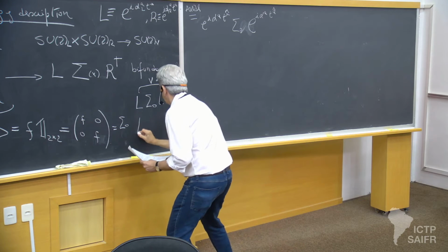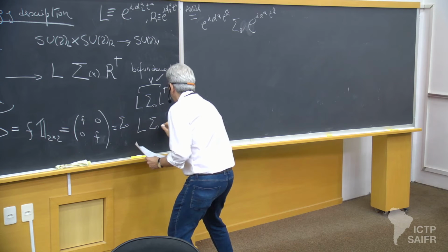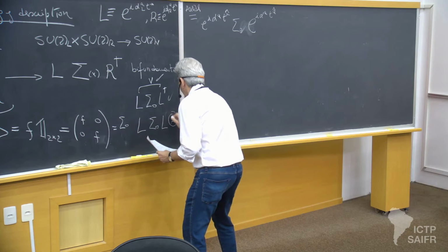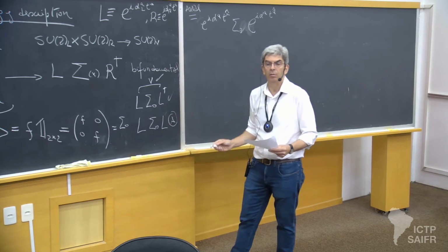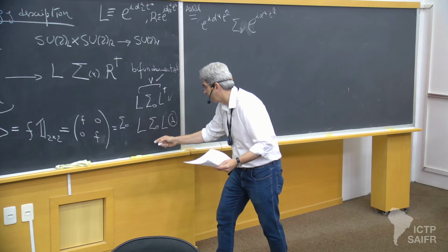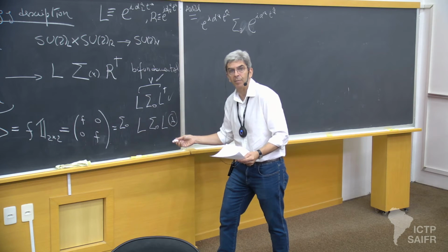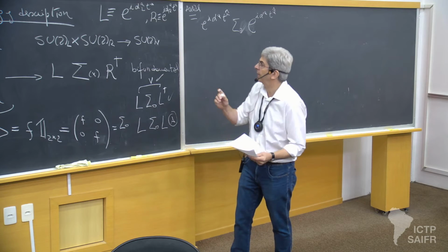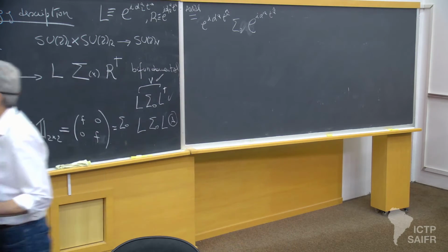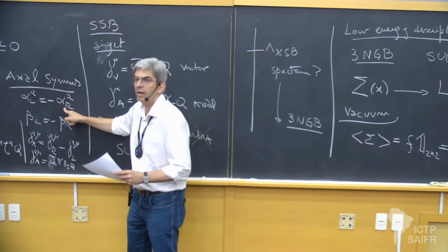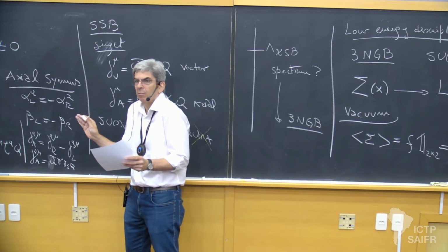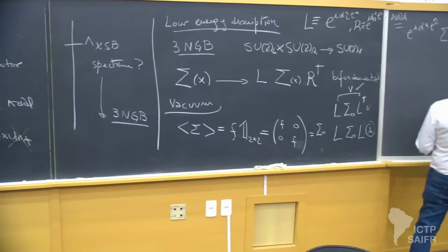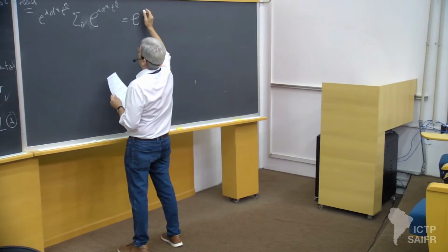So the axial would be L sigma 0 L, or if you want, R dagger sigma 0 R dagger is the same thing, when alpha_L is equal to minus alpha_R. Here is the axial: alpha_L equals minus alpha_R, then they don't cancel. So the vacuum really does a number on it, okay? And so now I have this transformation of the vacuum.